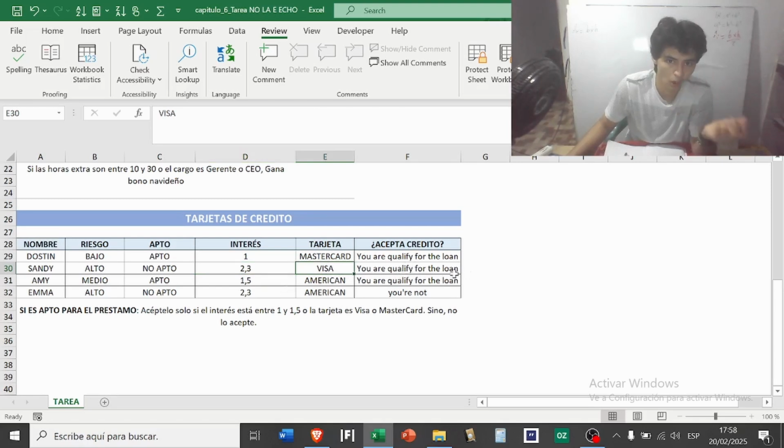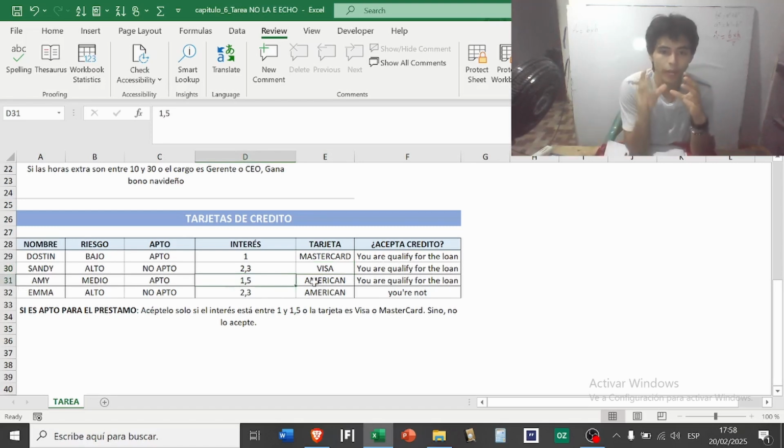Amy is in the range of interest, but she doesn't have a Visa or Mastercard. But as I mentioned, she is in the range of interest, so she is able to make a loan.